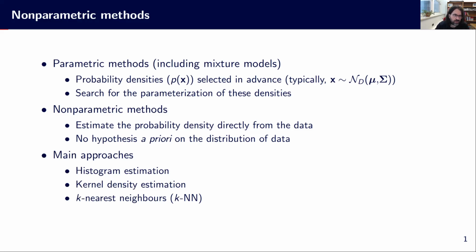For example, we have histogram estimation, which is a really simple and relatively intuitive approach, given that we have been making use of it for a long time. You used that before. There are some, I would say, more sophisticated approaches related to histogram estimation, which are kernel density estimations. These are based on the use of a kernel to estimate the density from the data we have at hand.